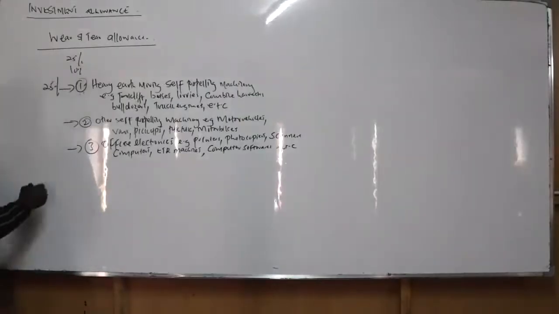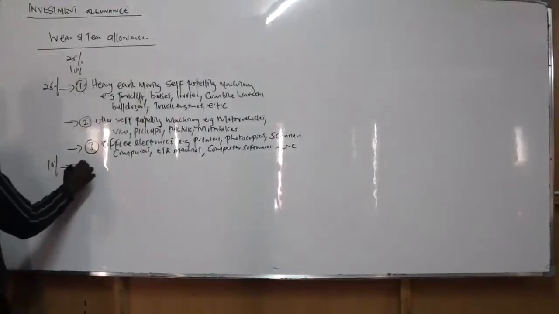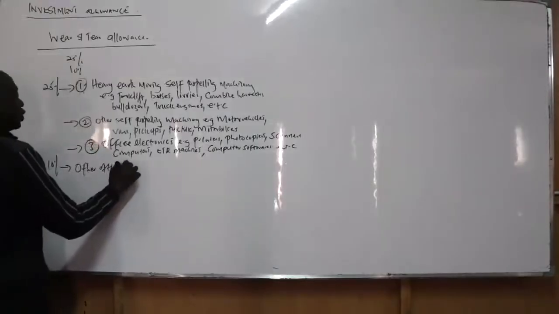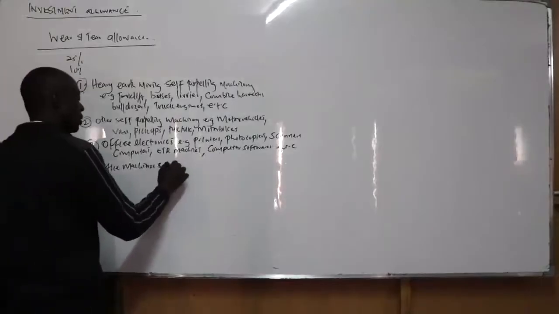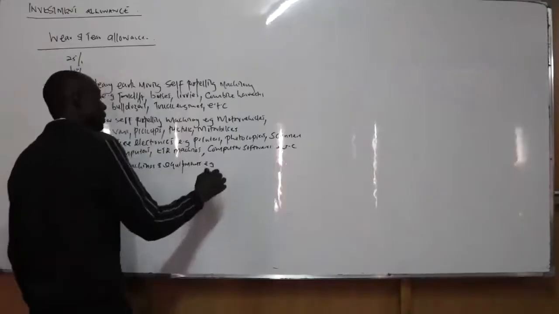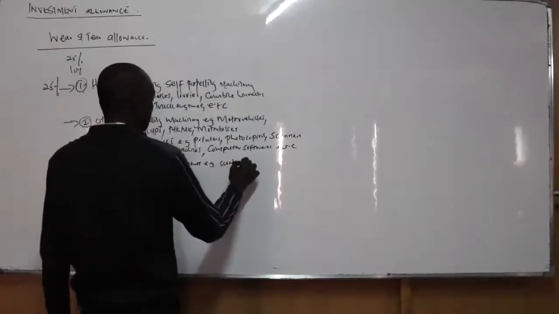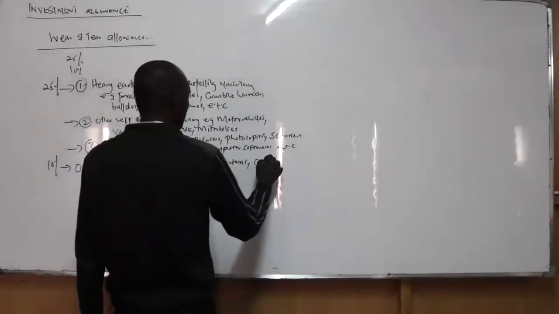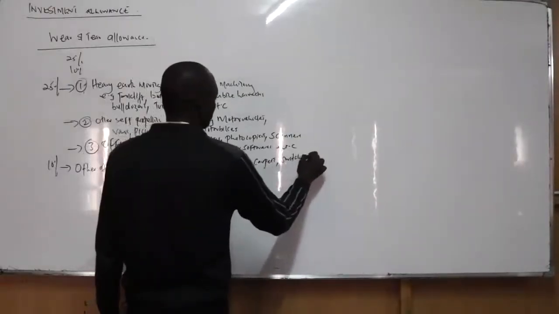And then we have those that fall under the 10% category. These are other office machines and equipment, e.g., office curtains, carpets, switchboards.